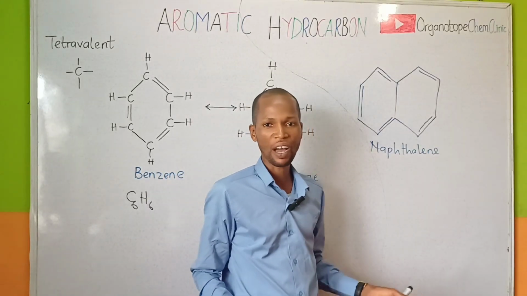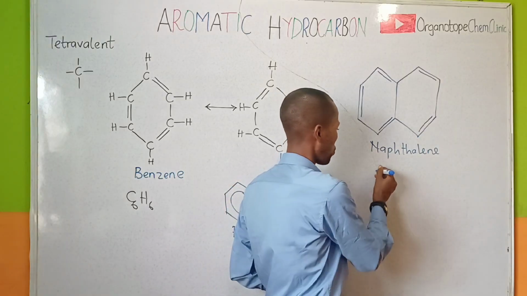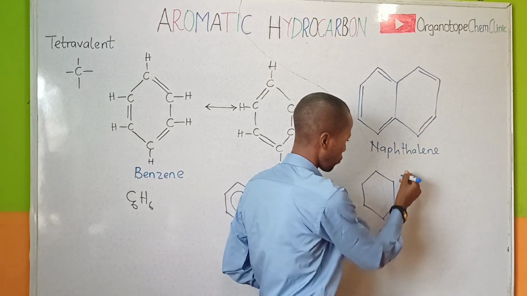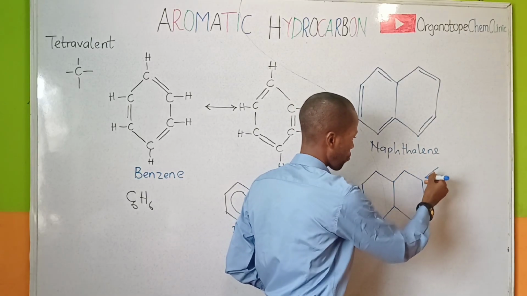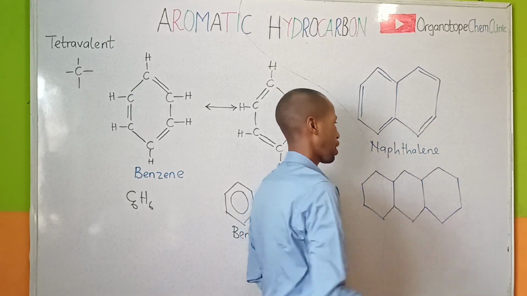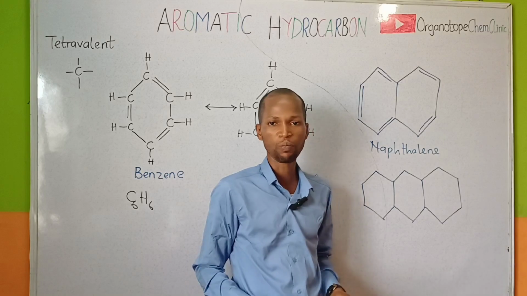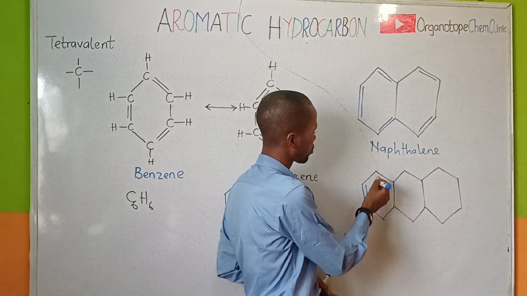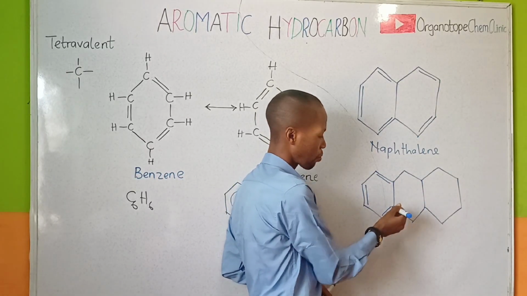Can we express that of anthracene, where we have 3 fused benzenoid structures? We have a cyclohexane structure fused with another cyclohexane structure, and we have another cyclohexane structure. So the next thing is to indicate the position of the multiple bonds, our double bonds. You are expected to start from here: double, single, double, single, double.